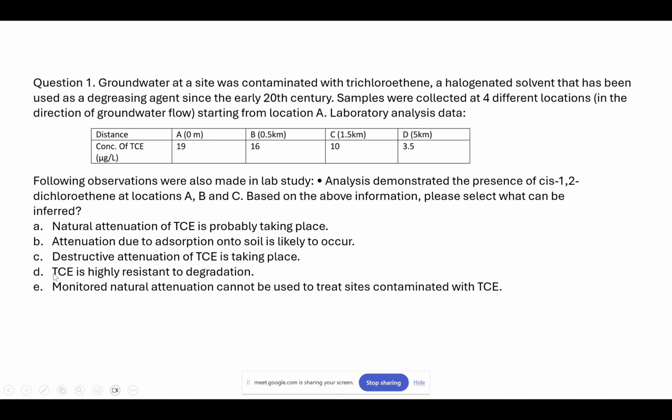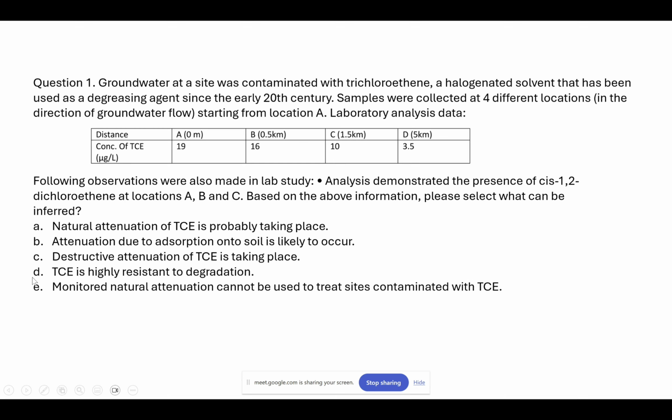The fourth option is: TCA is highly resistant to degradation. This is not correct, because here we can see that TCA is converting to other components, so it can be degraded. And the last option, that monitored natural attenuation cannot be used to treat sites contaminated with TCA, is also not correct, because natural attenuation can be used to treat such sites, as they can be degraded and converted from a more toxic form to a less toxic form.